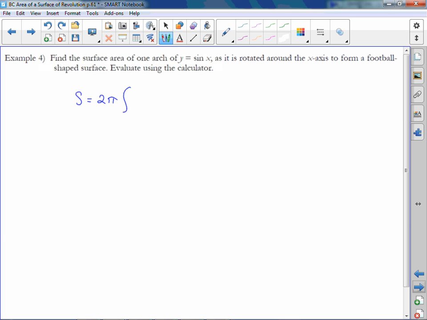Okay, so let's think about this. Sine starts at 0, and it ends at 0. We're going to rotate that, so that's going to be rotated from 0 to pi. So those are our limits. And then our function is our radius. And then the square root of 1 plus the derivative of sine, which is cosine. We square it, and dx.